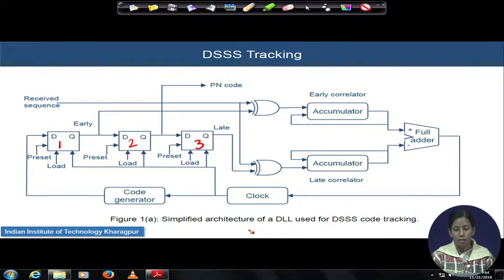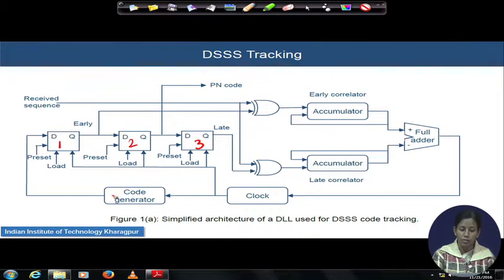The clock is then driving the code generator, either delaying the code generation process, speeding it up, or shifting it back, that is, either delaying it or starting it early.